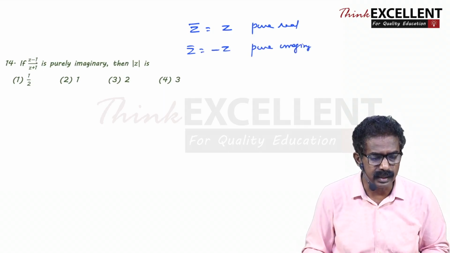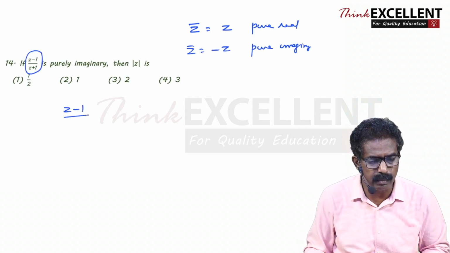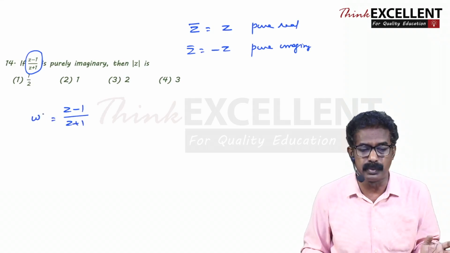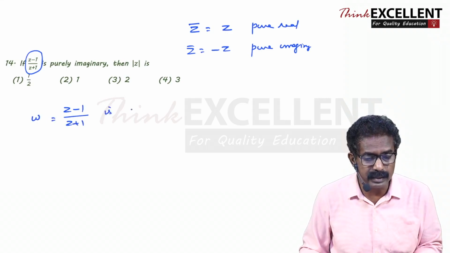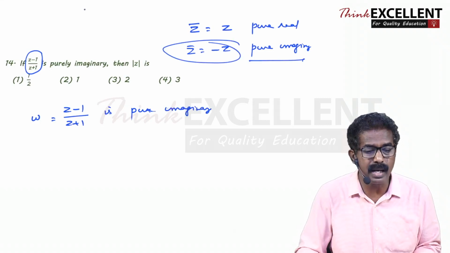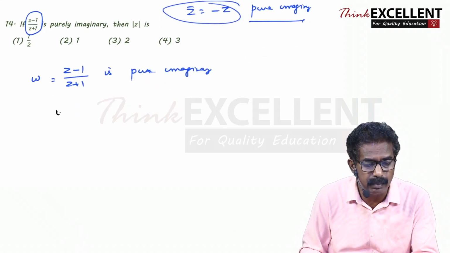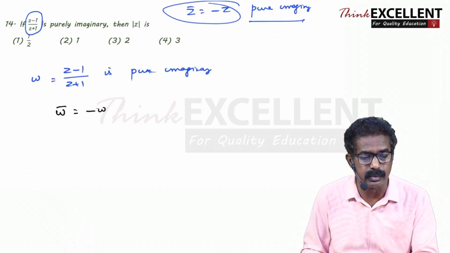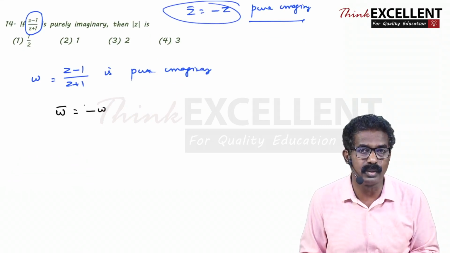So here they said this complex number, that is (Z minus 1) by (Z plus 1), I am giving a name for this, say I am taking it as W, is pure imaginary. Pure imaginary means Z bar equal to minus Z. Here W bar is equal to minus W.